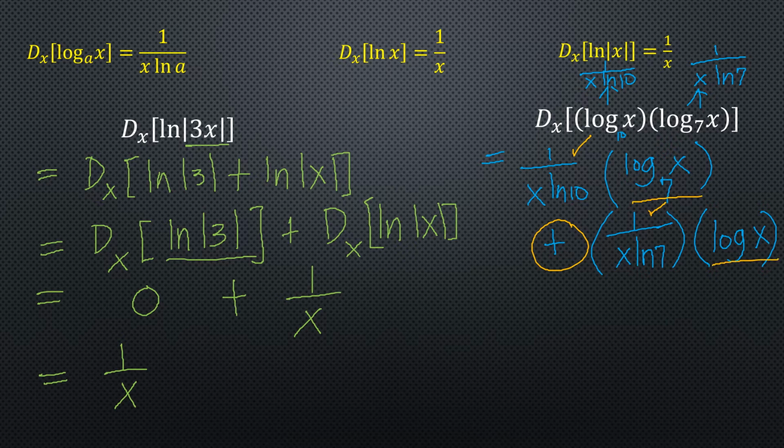So always partner first and second, second, first, like that. And this will now be equal to logarithm of x to the base 7 over x times ln of 10 plus logarithm of x over x times ln of 7. So this is already accepted as your final answer.